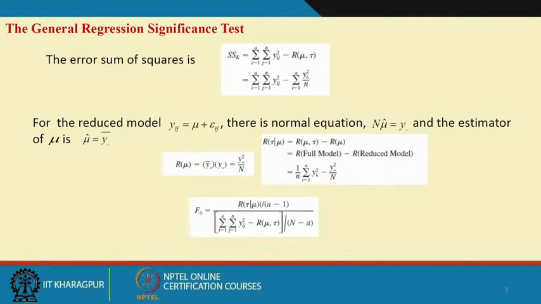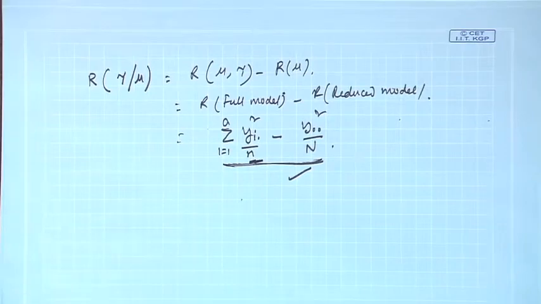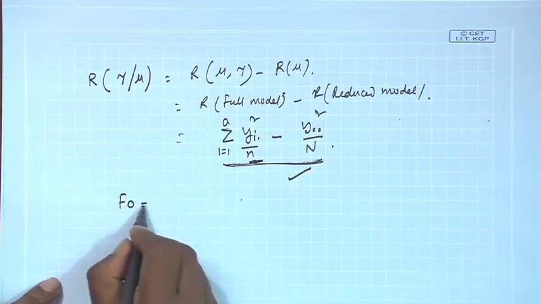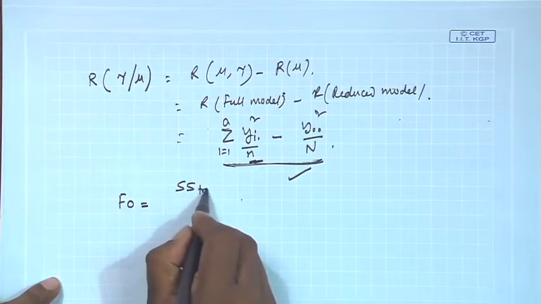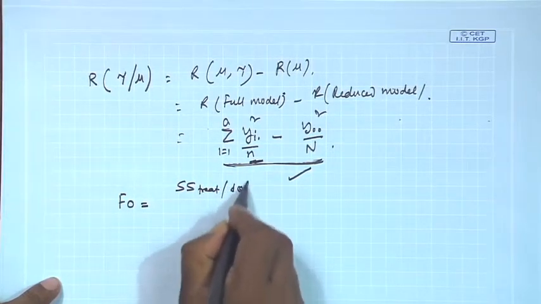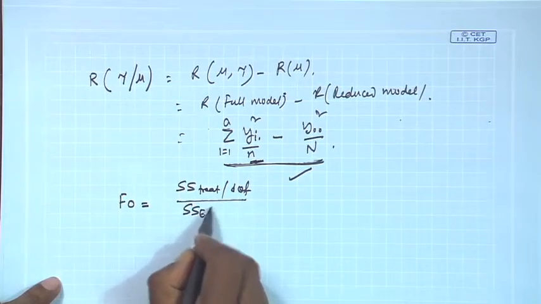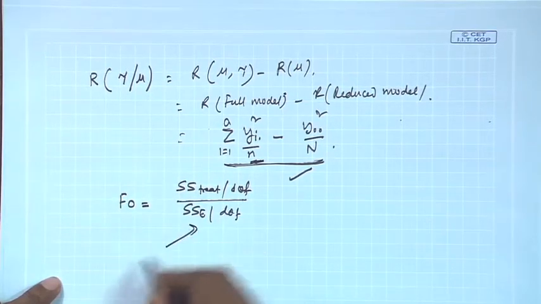Then you can find that the F0 value is SS treatment by degrees of freedom over SS error by degrees of freedom from the ANOVA point of view.